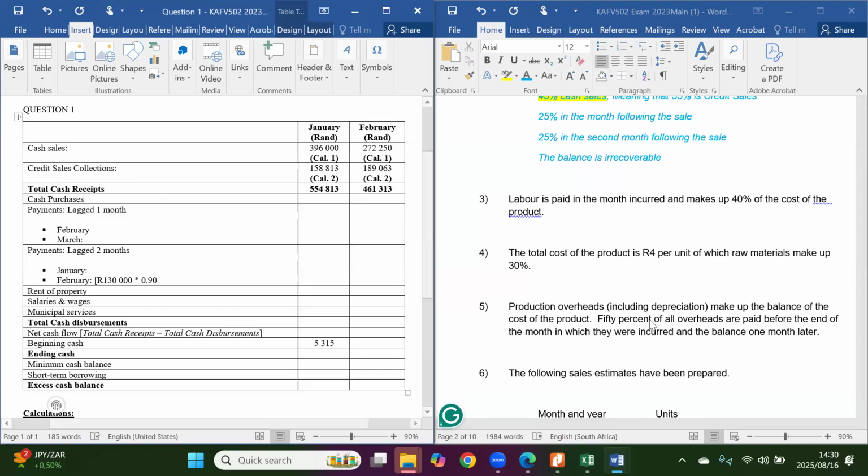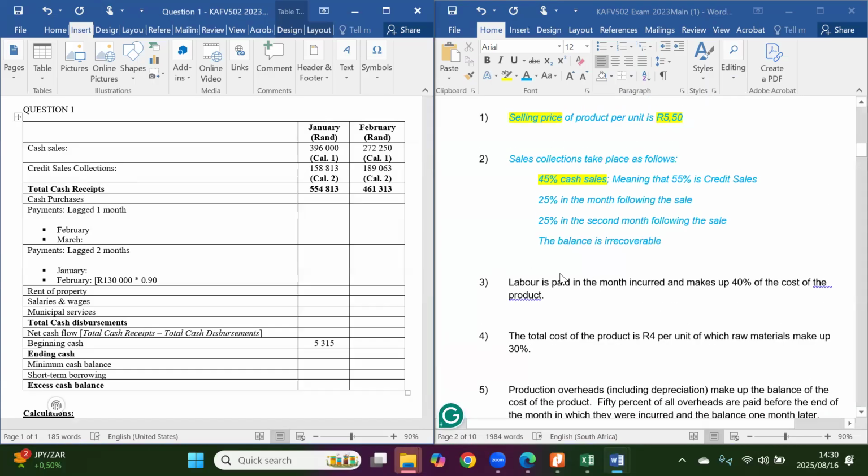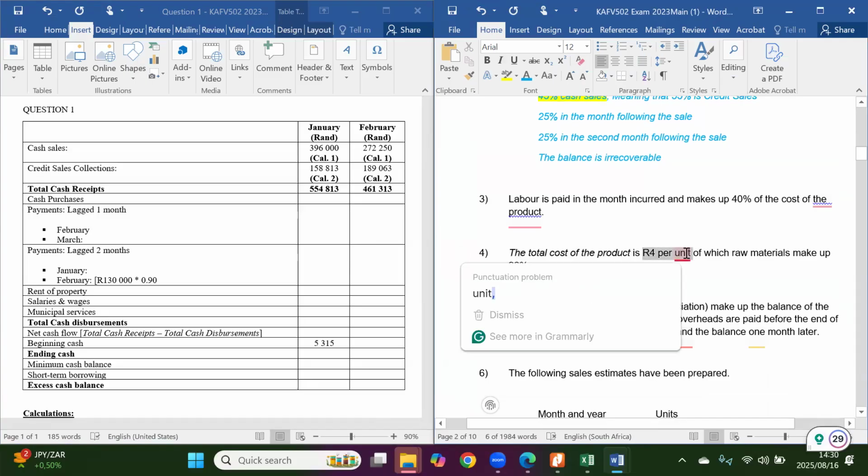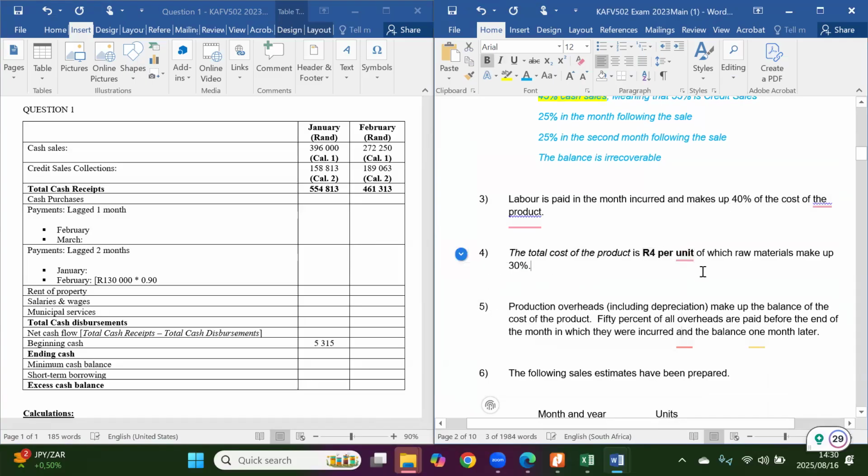Then now we go to cash purchases. So now with the purchases, here is what we are told. I'm going to jump information 3 for the meantime so that I deal with purchases. In information 4, they are telling you that the total cost of the product is equivalent to how much per unit, of which raw materials make up what? 50%.